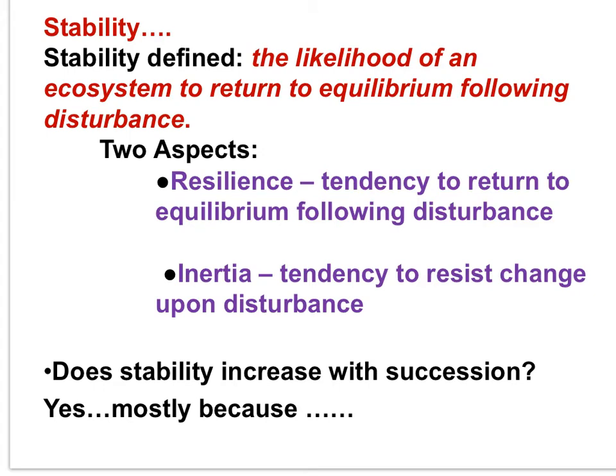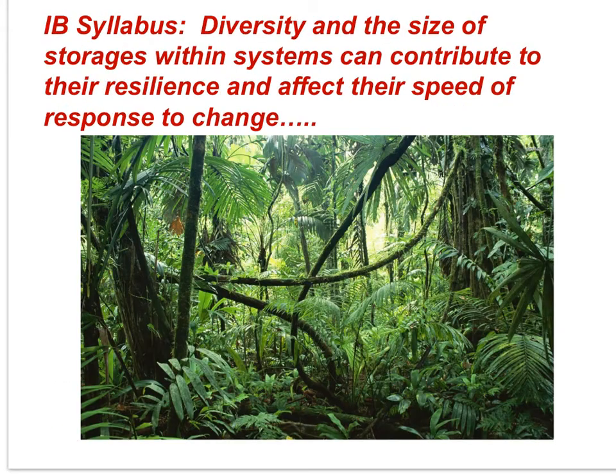Does stability increase with succession? Yes, mostly because diversity and the size of storages within systems does contribute to the resilience and affects the speed of response to change. In diverse systems typical of late successional stages, there is stability. In systems with large storages, such as the huge trees of climax stages, there is more stability.